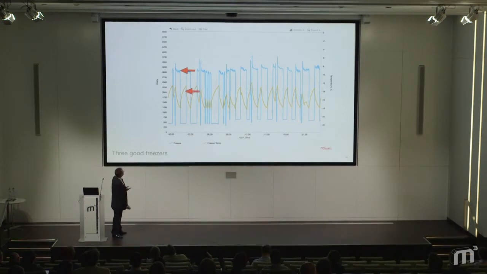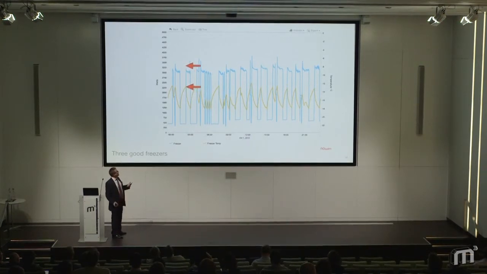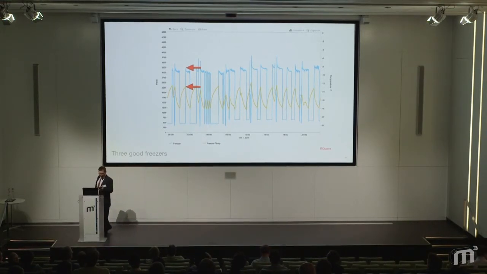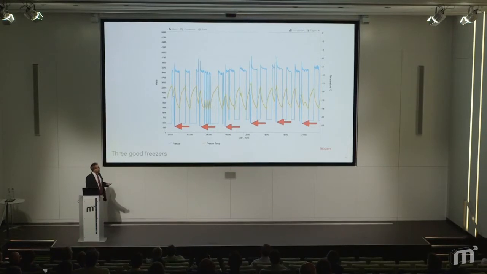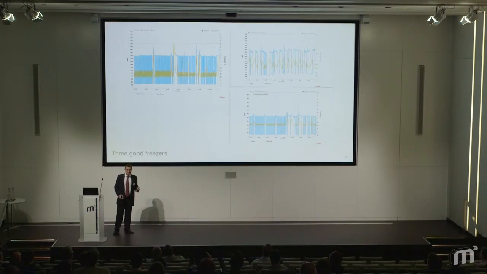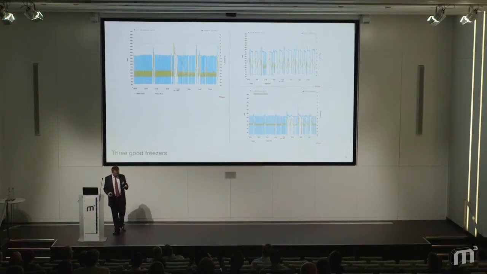Now the temperature rises, and when it hits the top set point, the condenser turns on again, and so repeats the pattern. If you look carefully, you'll see another pattern here. You can see the defrost heater going every 4 hours. The other two appliances have similar patterns, just with different thermal properties, different defrost intervals, different set points.